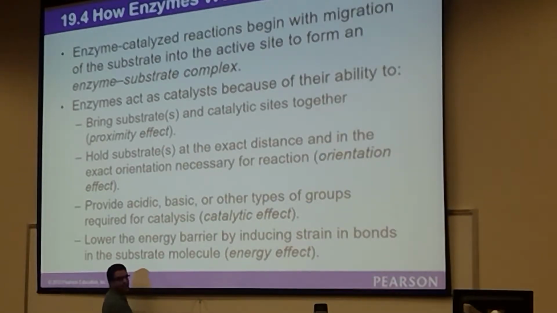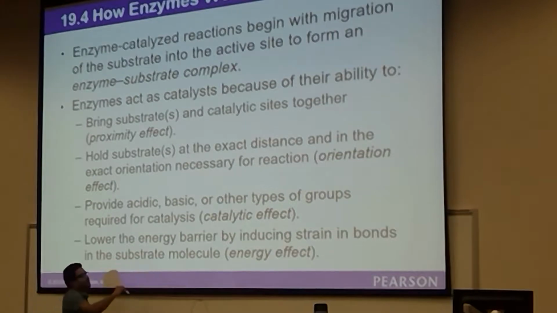If this is very high, it will be a very slow process. But the catalyst can provide an alternative, maybe like this, something like that. So it's very easy to climb that mountain now.